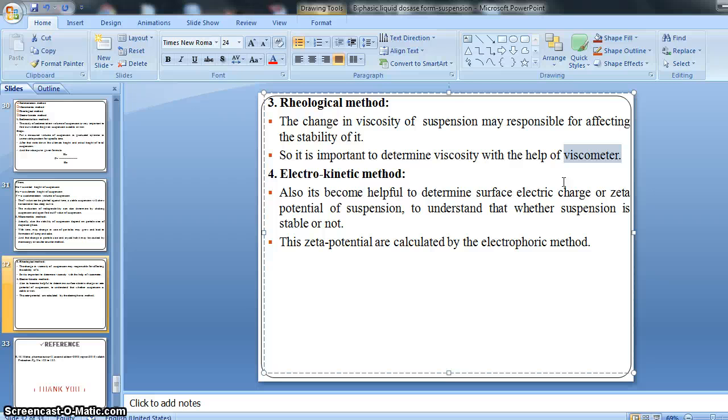It is very helpful and necessary to find this out by the rheological method, along with the micromeritic method and the sedimentation method. So the study of viscosity is also another stability test.